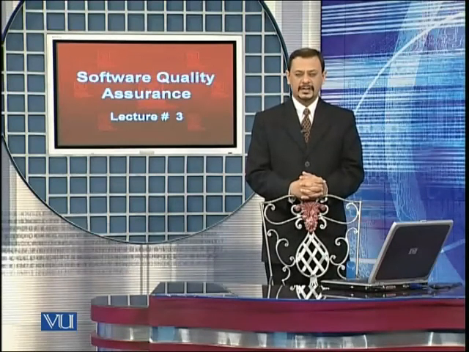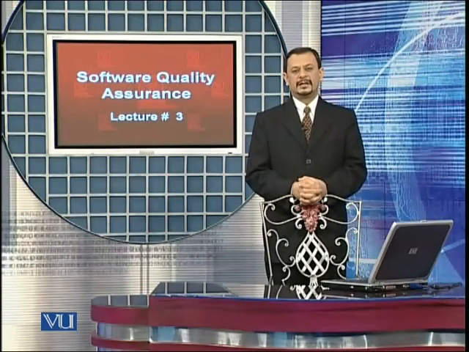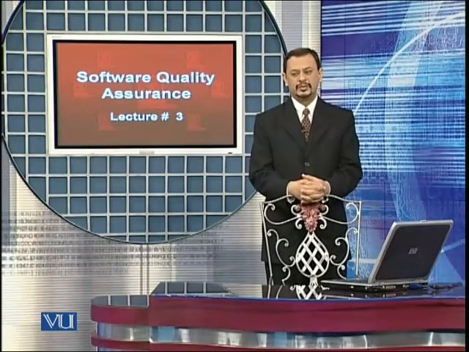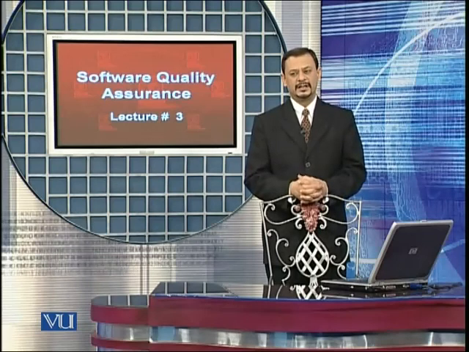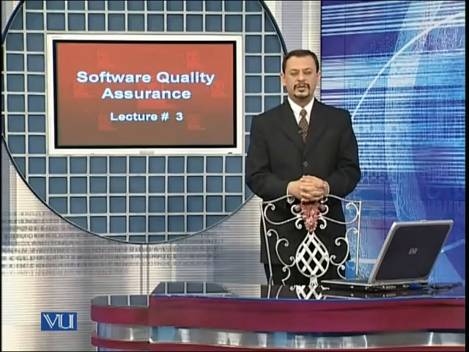Now, it is interesting, and very obvious I would say, that defect repair rates usually decline as cyclomatic and essential complexity increases. These are two different measures of complexity of software products. One is cyclomatic, the other is essential.